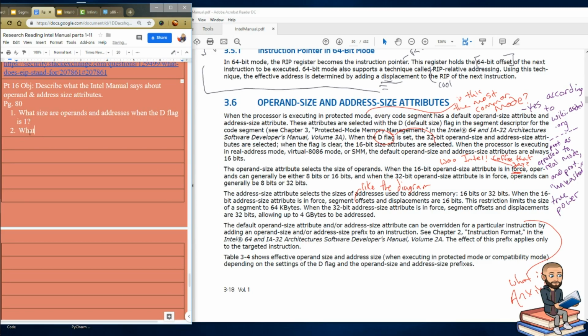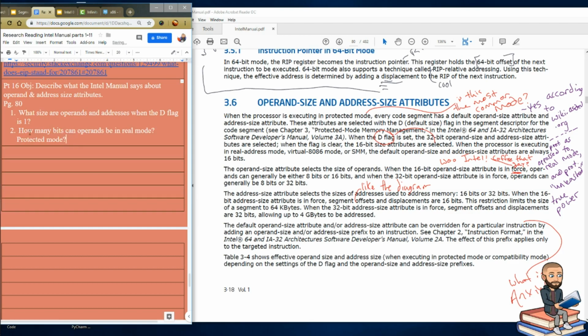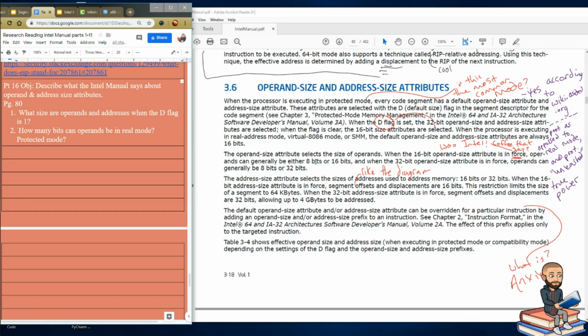So what's with the 8 bits? Just kidding, that probably is not a good question. Let me try again. How many bits can operands be in real mode and protected mode? So we're looking at 8 and 16 or 8 and 32. 8 is very reasonable because if we're talking operands like a single letter or a number that is less than 256, again, sounds reasonable.